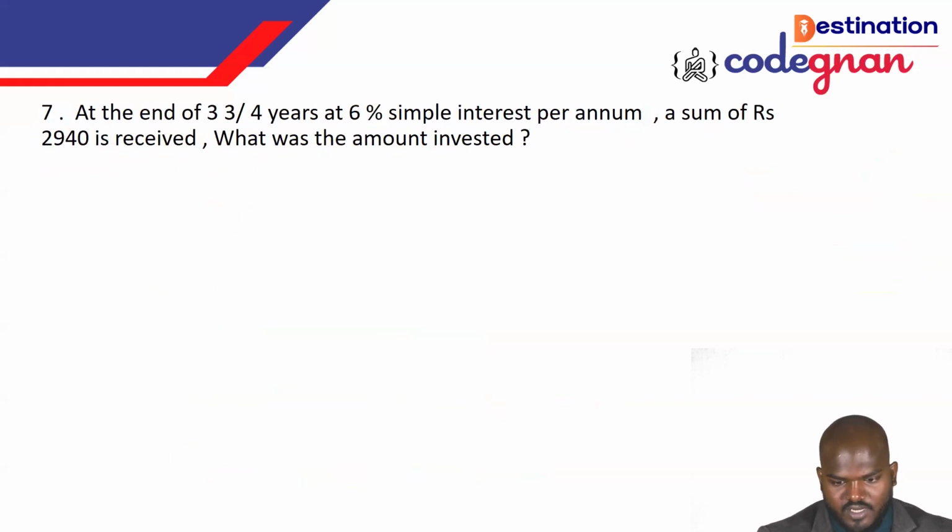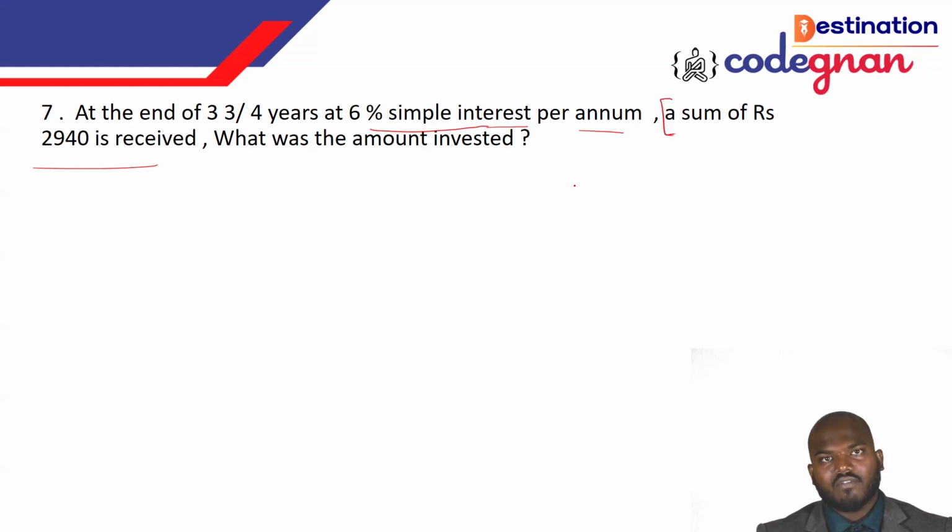So going to the next question, guys, you see this one, they are stating like at the end of 4 3 by 4 years, at a 6% simple interest per annum, the sum of rupees 2940 is received. So you see very carefully, guys.